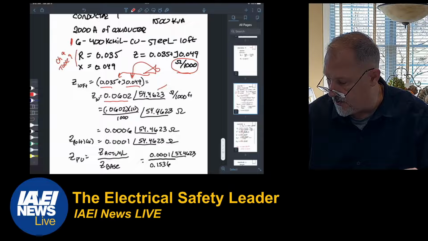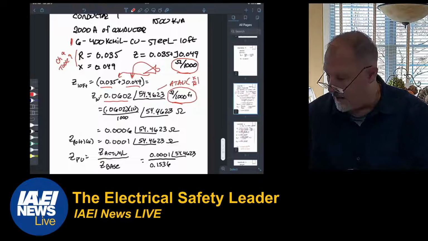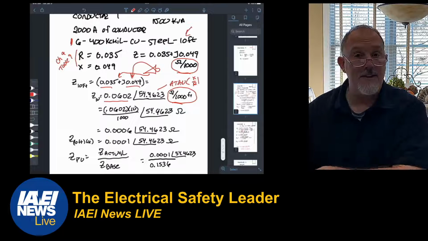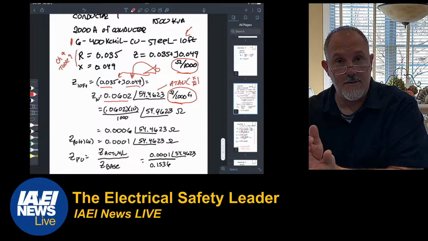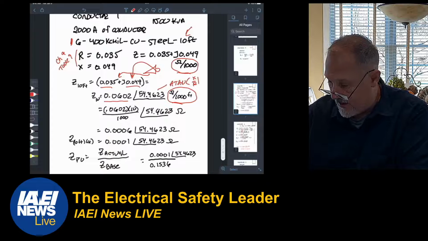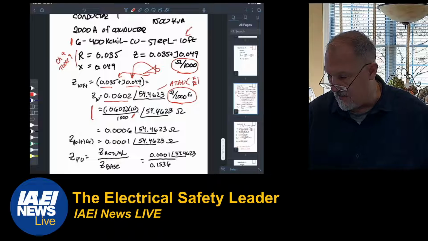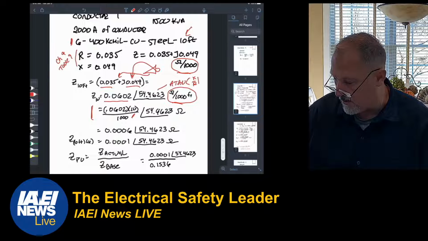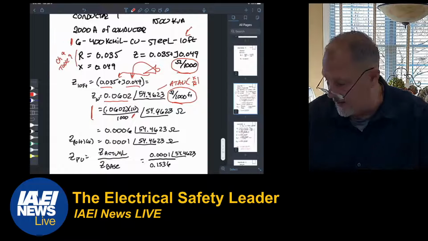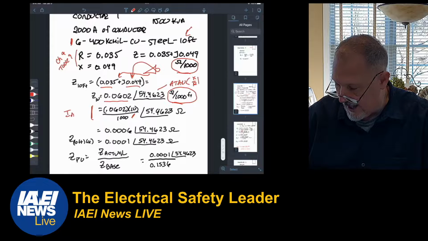The angle is the inverse tangent of X over R. That is all still in ohms per 1,000 foot, but I only have 10 foot of that. So I have to take 10 over 1,000 and multiply it by that number, which I did right here, and I get 54.4623 ohms. That is Z actual.